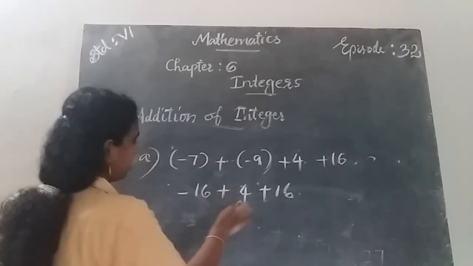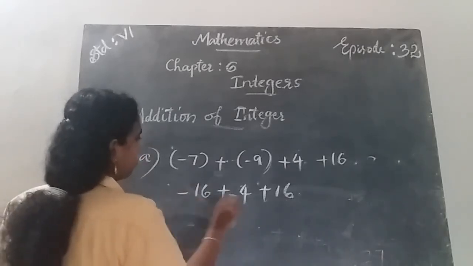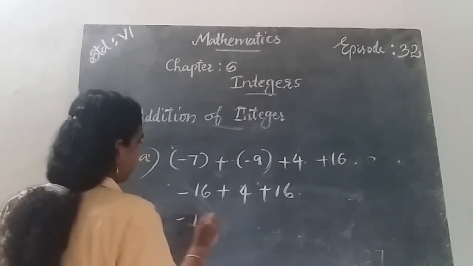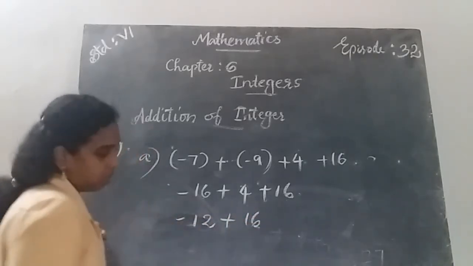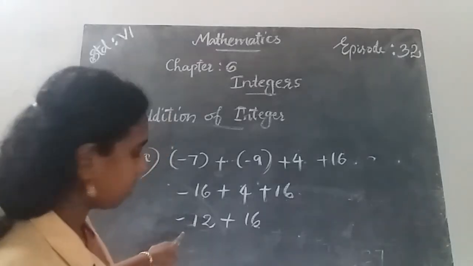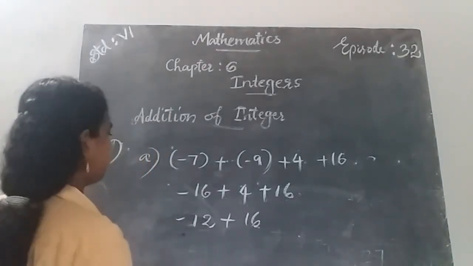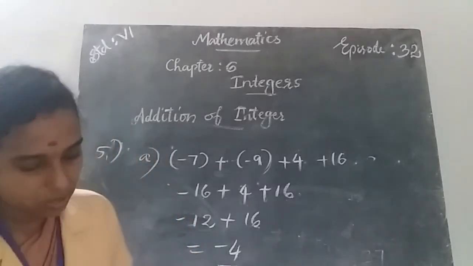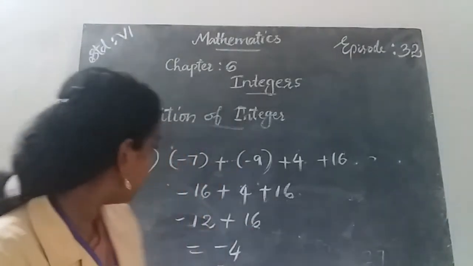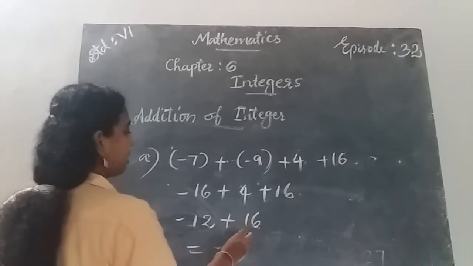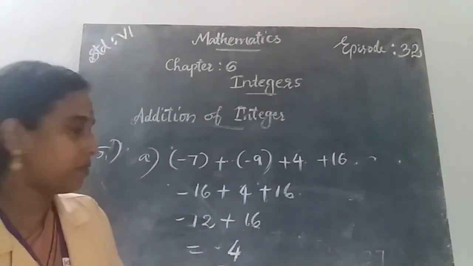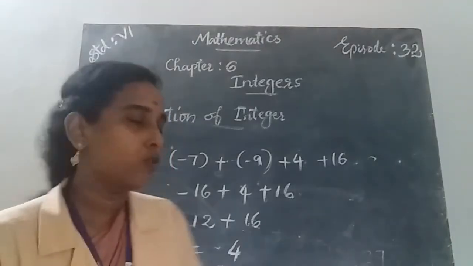Here negative 16 plus 4, subtract 16 minus 4, we get negative 12 plus 16. 16 plus negative 12, we get 4. Here 16 is the biggest number, so we put the sign of 16. Okay, so we get positive 4.